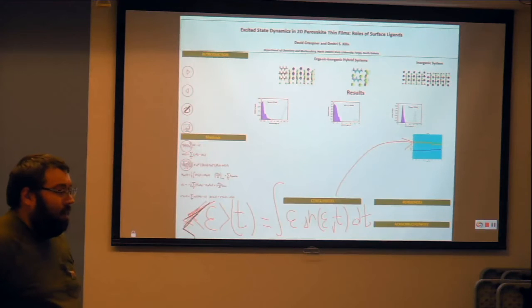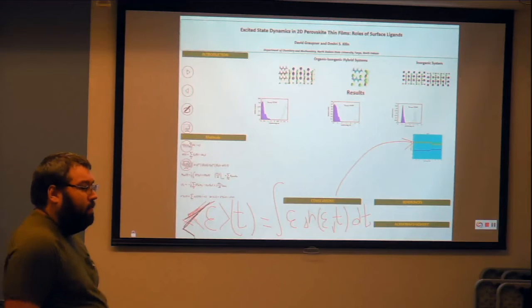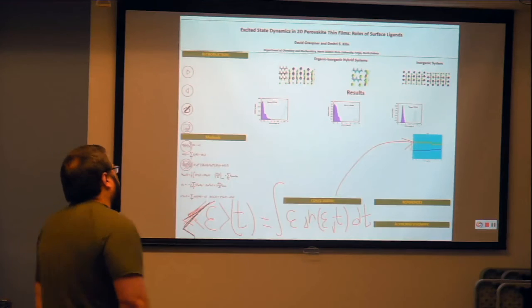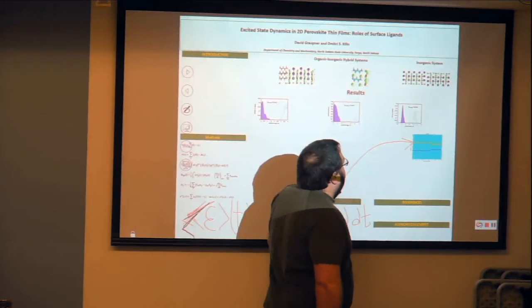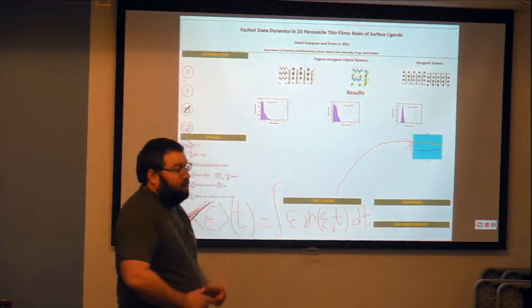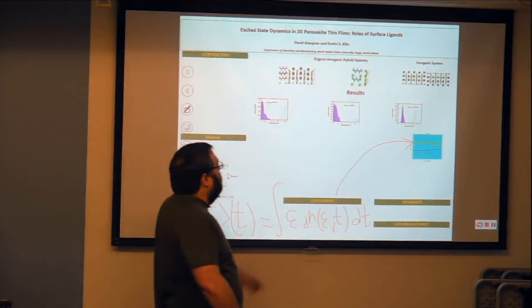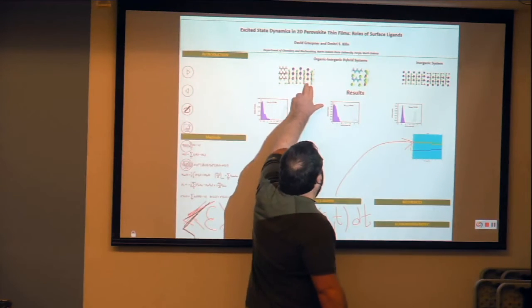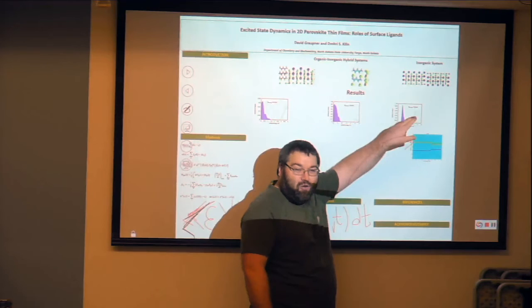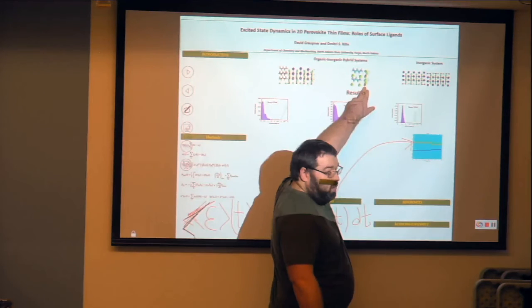What's the connection between these three models? So if we look at the first two models, the difference between those is the size of the perovskite layer. Here we have 4, and here we have 1 layer.